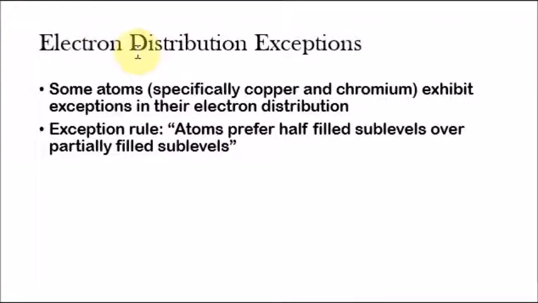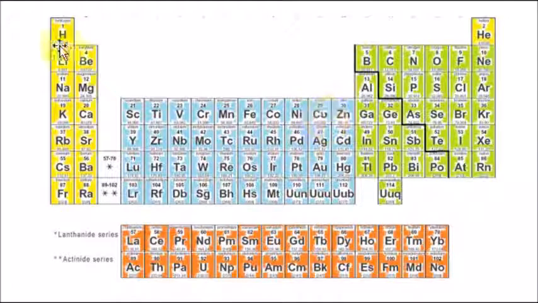So some atoms, specifically copper and chromium, exhibit exceptions in their electron distribution. Okay, so let's go ahead and look at this. Let's first write the electron distribution for copper. In order to do that, we need to write the electron configuration. Copper is right here, so the electron configuration would be 1s2, 2s2, 2p6, 3s2, 3p6, 4s2, and 3d9.